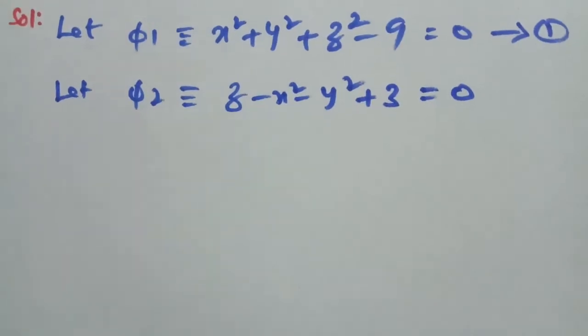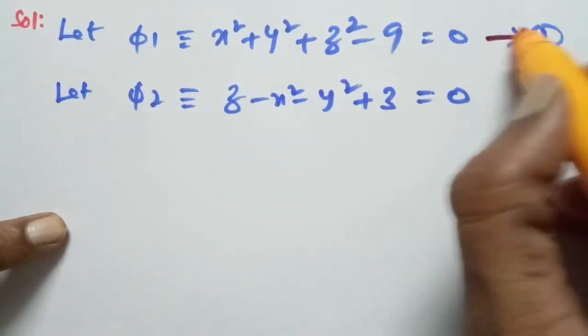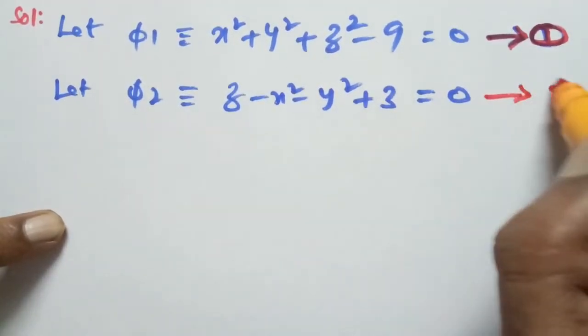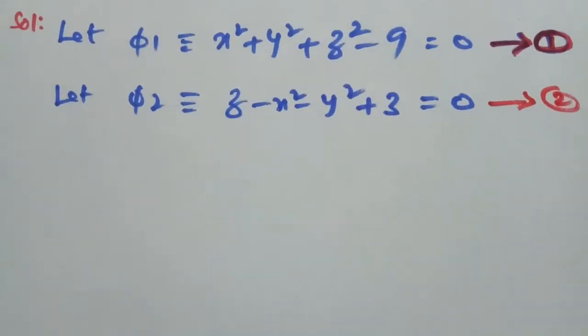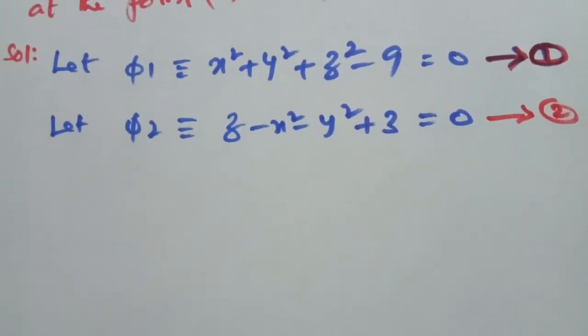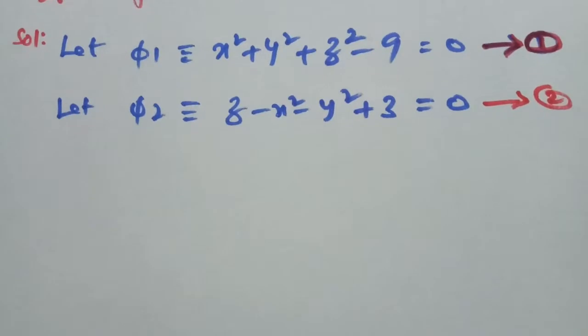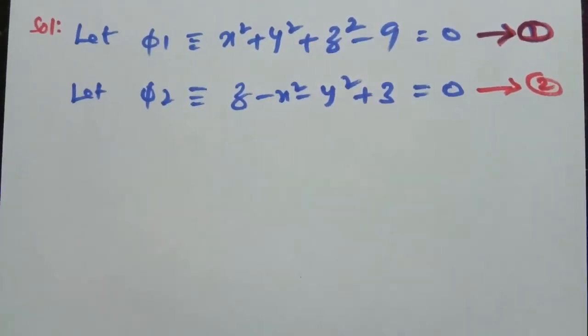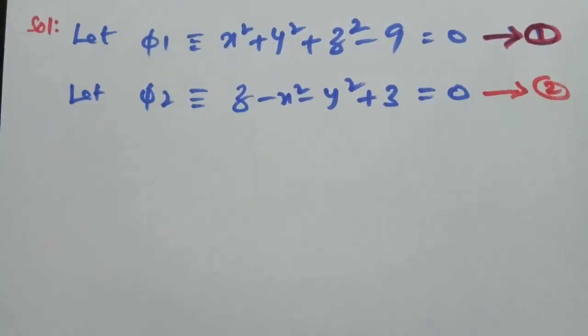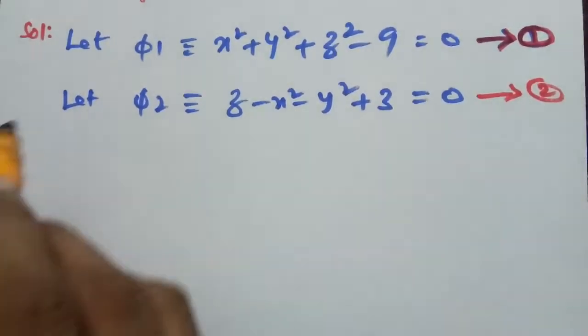Say this is equation number 2. Now we have to find the angle between the two surfaces. Angle between the two surfaces means the angle between two normals of the surfaces. Therefore, first we have to find the normal to the surface.